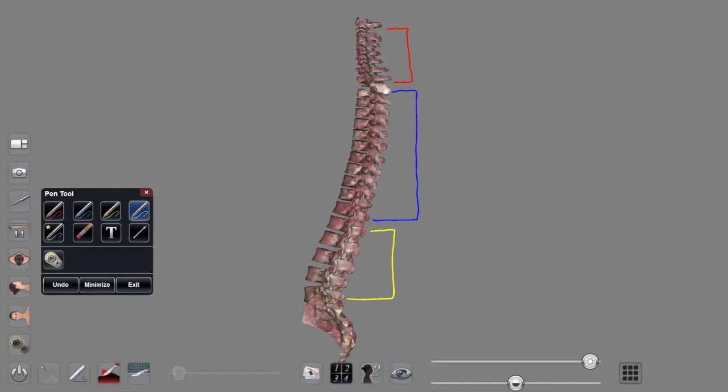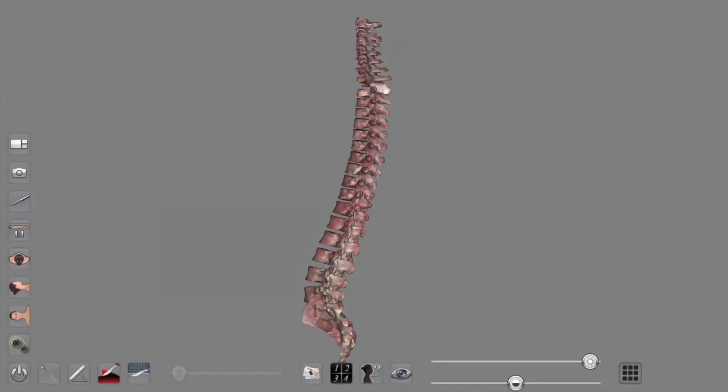The sacrum is outlined here in white, typically is made up of 5 fused bones, and then the coccyx, which may be a little obscured for you under the toolbar here, is also made up of about 3 to 5 small bones.